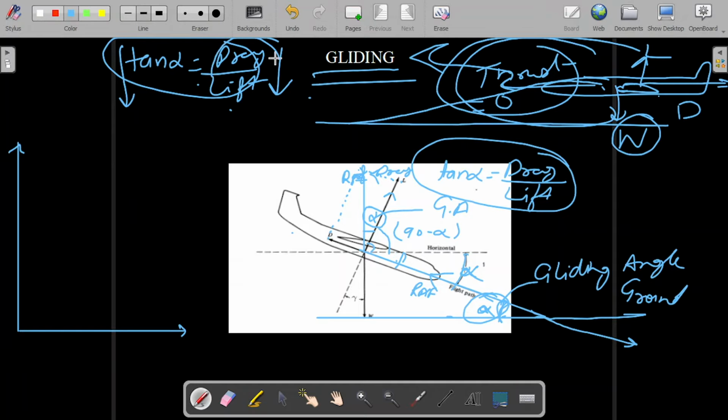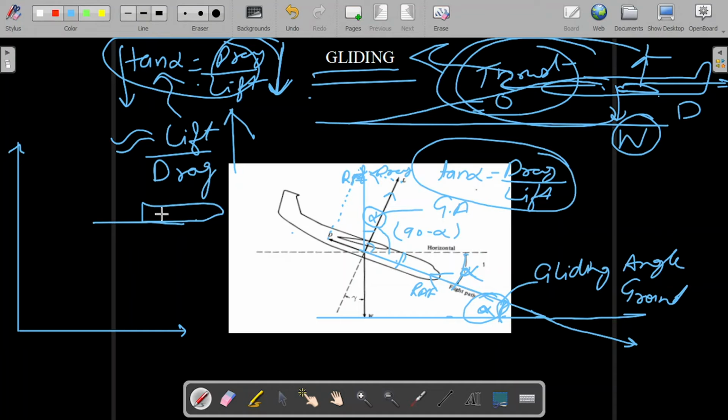As I said, the drag to lift ratio should be low, or you can say the lift to drag ratio should be high, which is a very important factor while designing an aircraft. If the lift to drag ratio is very high, which corresponds to a flatter gliding angle, the farther the aircraft will go.